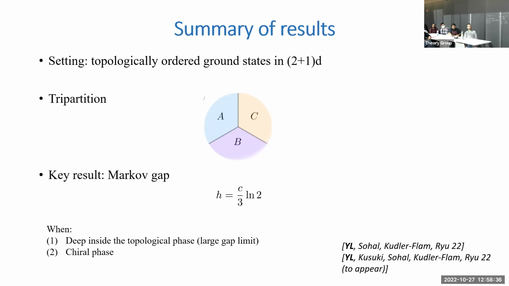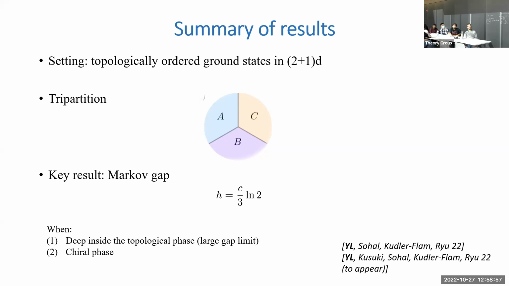Because we have this bulk and boundary correspondence in the topologically ordered system, on the boundary we have some 1+1 dimensional theory, and you can think of it as the central charge for that 1 dimensional theory on the boundary.